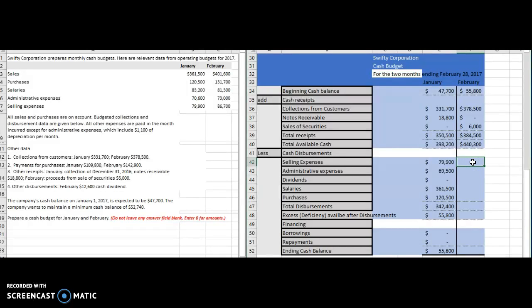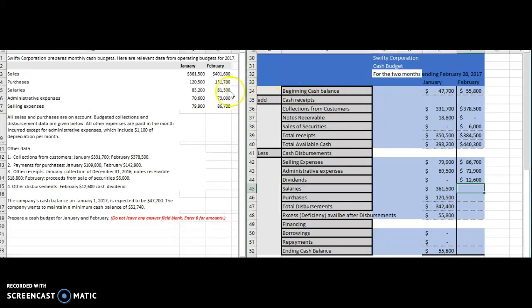Let's start putting those in. Our selling expenses for February was $86,700. For administrative expenses, again, we have to make sure we take out this $1,100 of depreciation. After we take that out, it is $71,900. For the month of February, we did pay $12,600 of dividends.